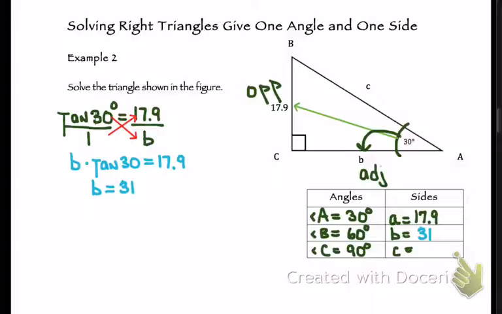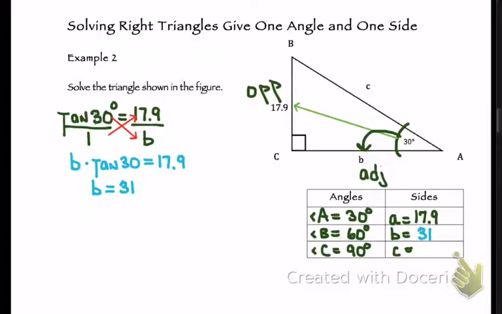Be careful. If you're not getting 31, you're probably thinking to yourself, what the heck? Why am I not getting 31? Well, here's the bad news. You have to make sure your calculator is in the right mode. If my angles are in degrees, my calculator needs to be in degrees. If my angles are in radians, like pi over 2, pi over 3, pi over 4, then your calculator needs to be in radians.